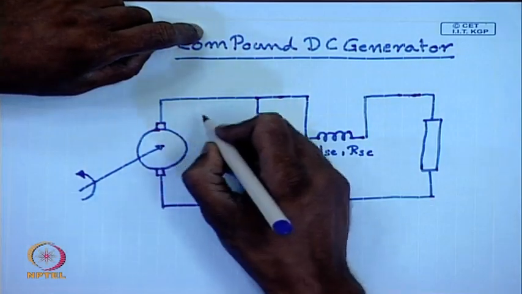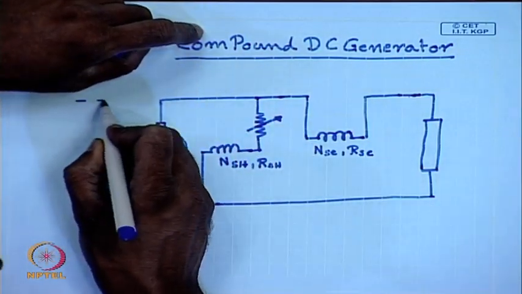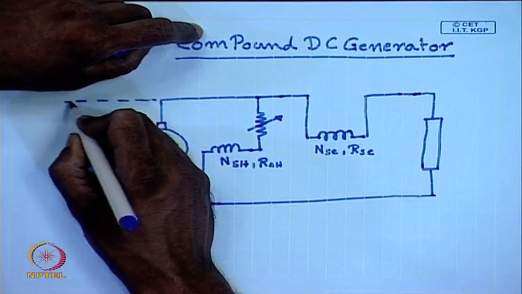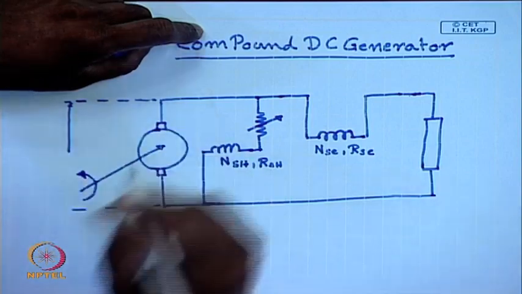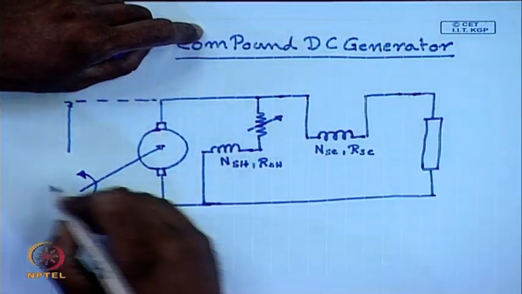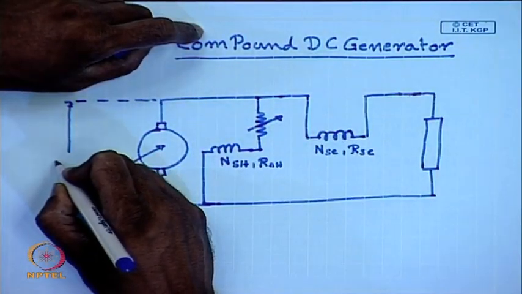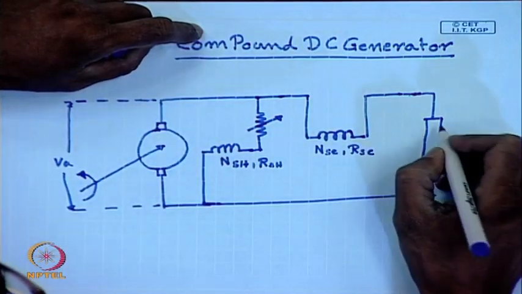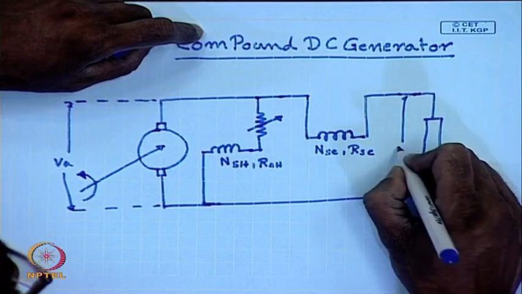For this, we can write, if this is the terminal, this is the voltage across the armature, and this is the load voltage.